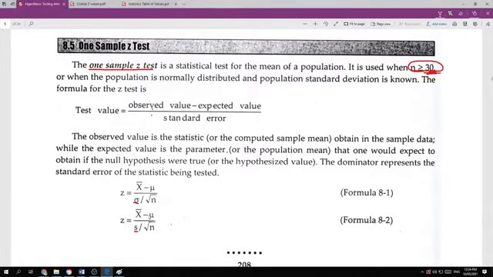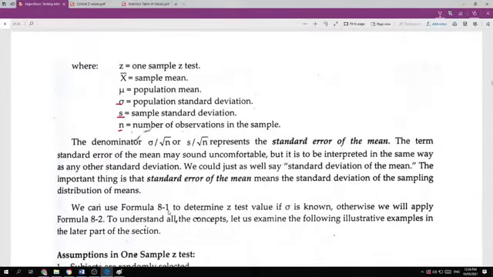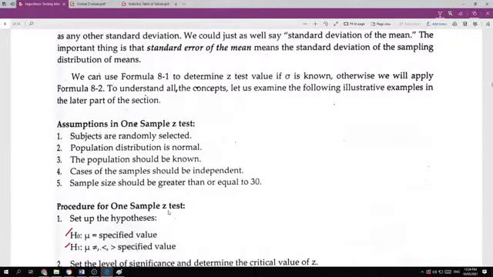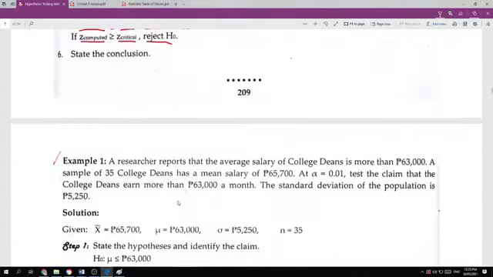Now the question is, which among these two formulas are you going to use in this problem? Look at what is given. Are you given the sample standard deviation or the population standard deviation? Look at the problem.